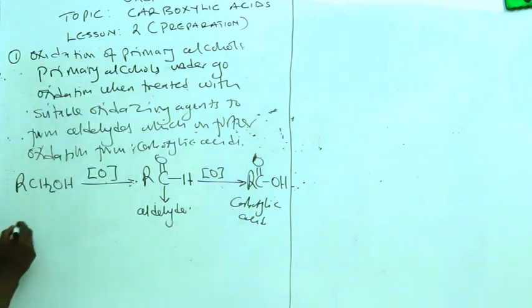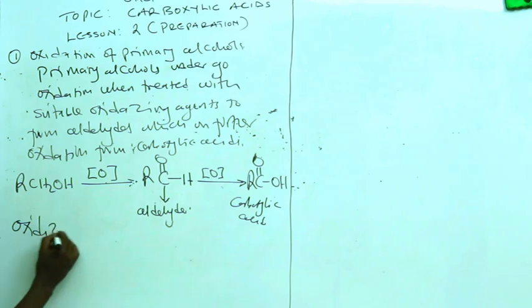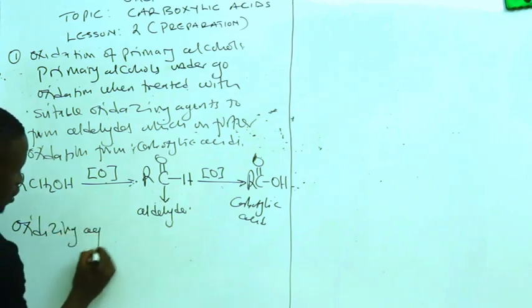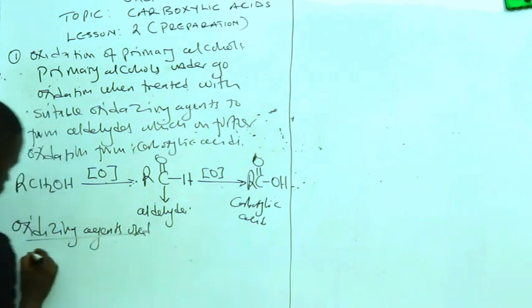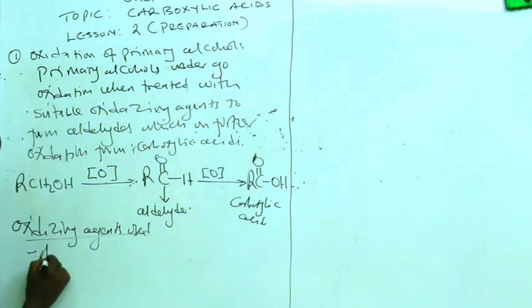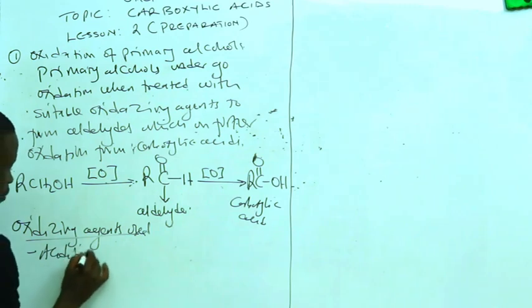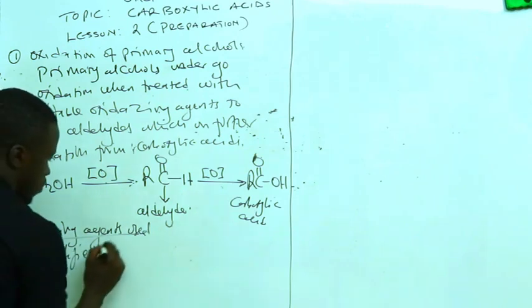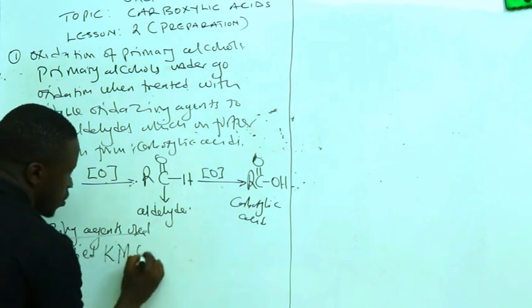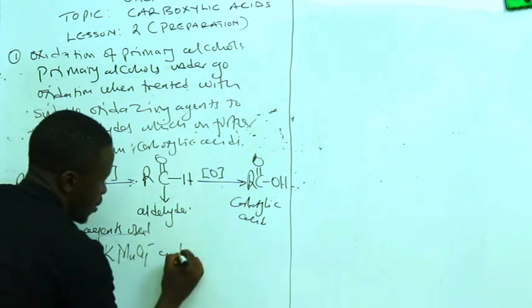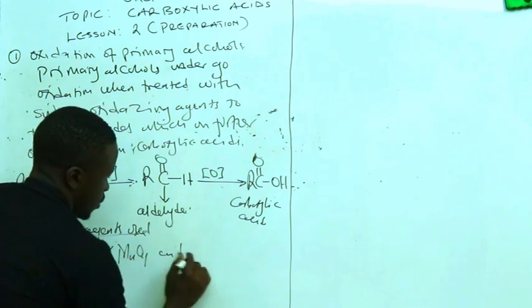Some of the oxidizing agents, the common ones, we normally use acidified potassium permanganate solution and heat.